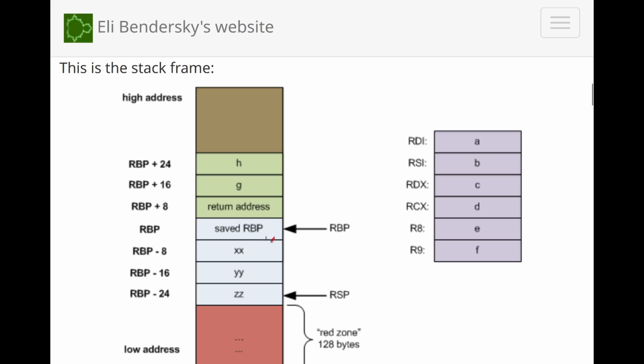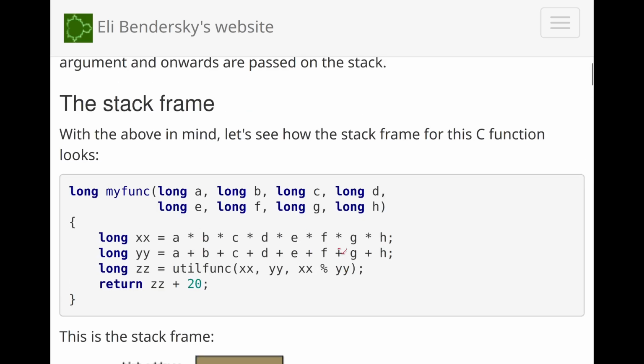So once flow of control is transferred to the function, that function is supposed to save the old base pointer, update it to its own base pointer, and then push any local variables. Questions on that? It's just a convention. There are many ways you can implement this. This is the Intel System V ABI.